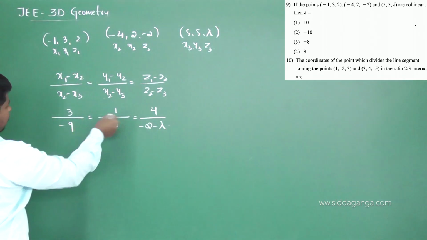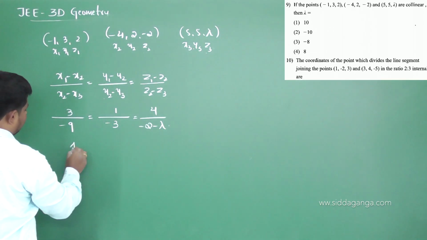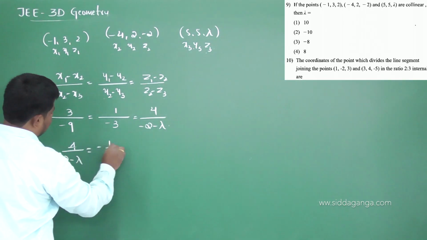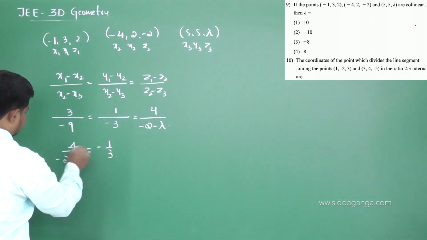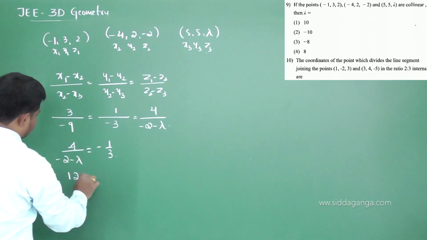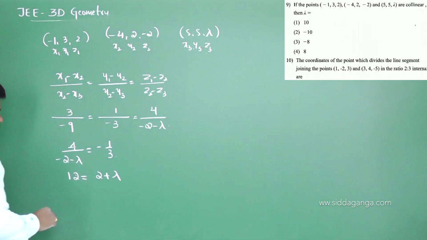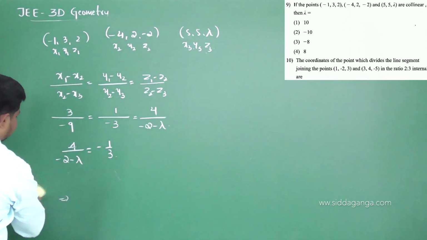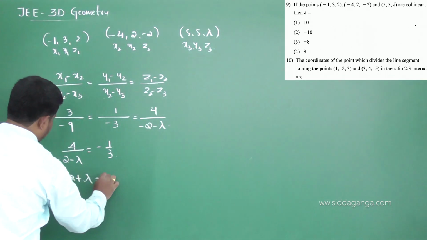So you put the same ratios here, -1/3, -1/3. So -1/3 is equal to 4 divided by (-2 minus lambda), which is -1/3. So our 12 is equal to 2 plus lambda, with the -1 multiplied in. Then 2 plus lambda is equal to 12.